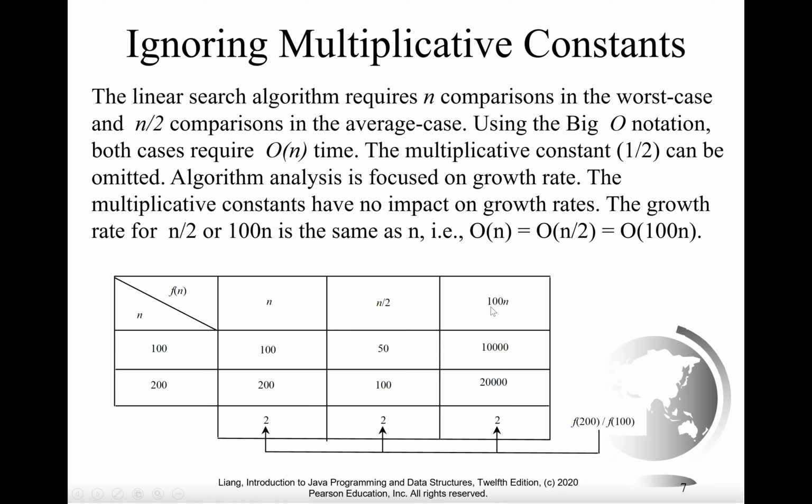For this, n is 200 and the function 100 times n is 20,000. But if you look at the ratio, f(200) divided by f(100), this is all 2.